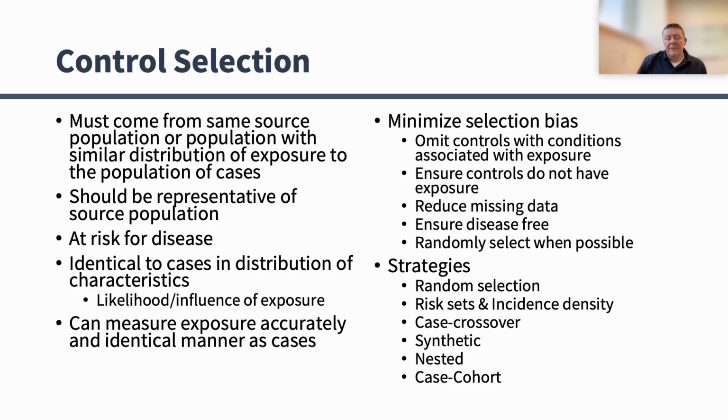And we want to make sure that we can measure exposure accurately and identically across cases and controls, because if we're measuring them differently, then that produces the risk of bias. And we can minimize selection bias of our control selection by omitting controls with conditions associated with exposure.